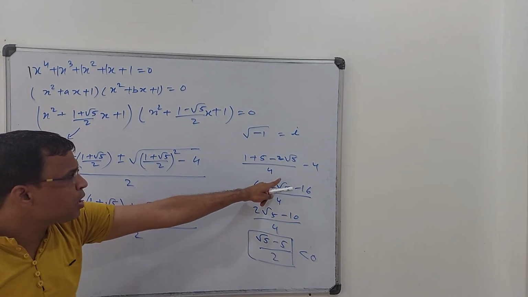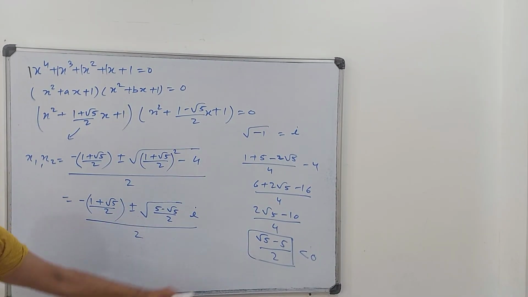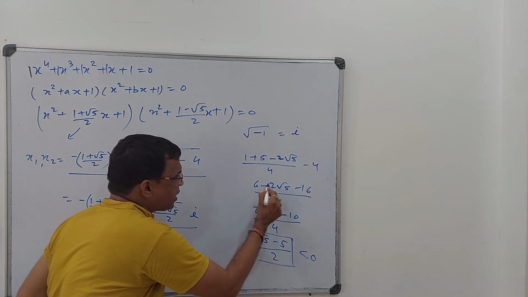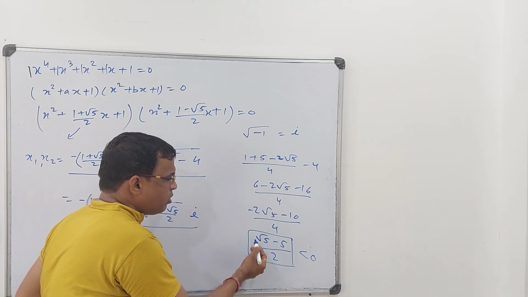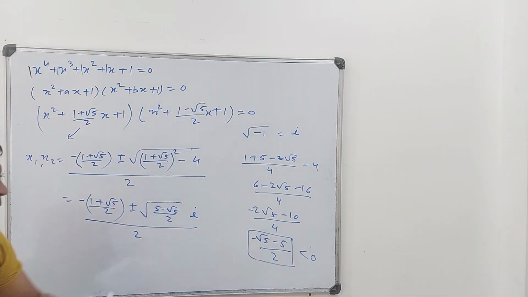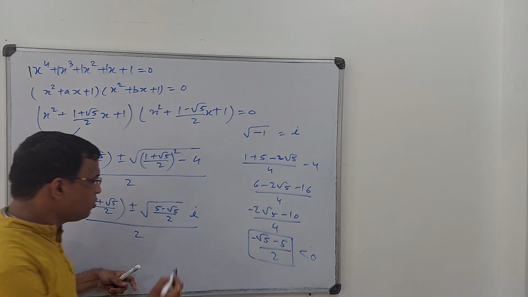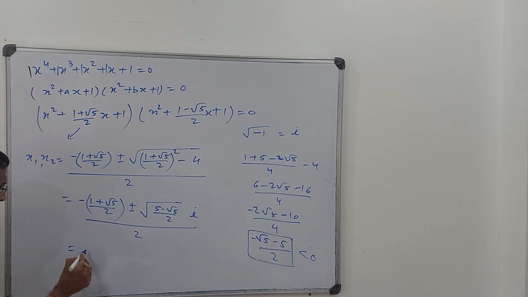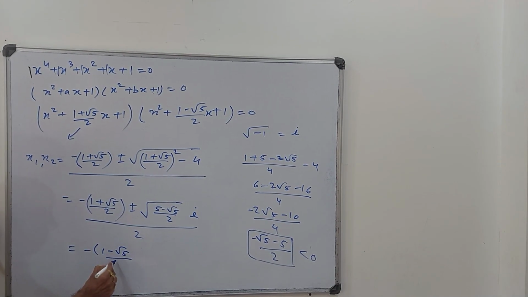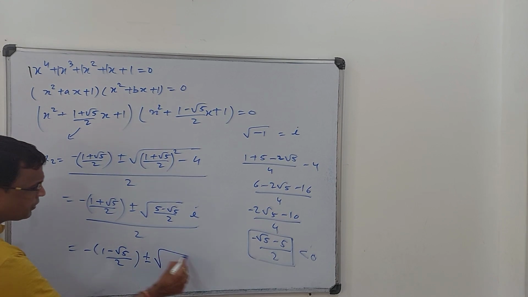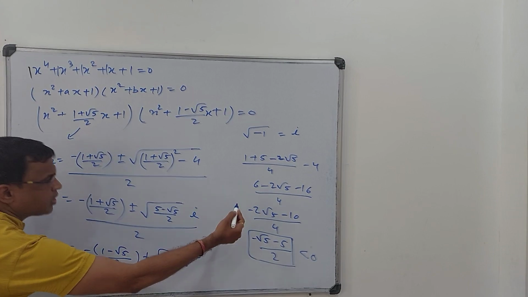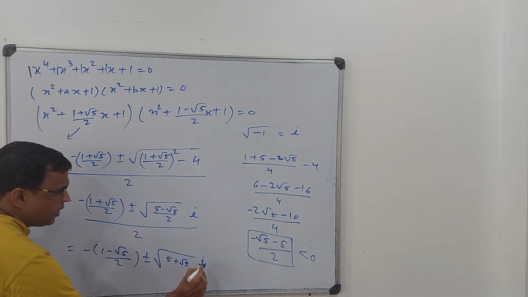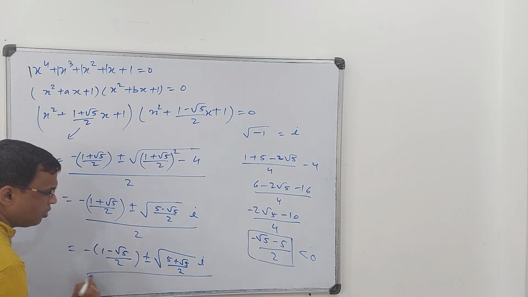When you solve that, ultimately it will be minus 10, and of course both are minus, so it is totally minus. I am writing that answer: minus (1 minus root 5) upon 2 plus or minus, this is (5 plus root 5), because both are negative, so minus can be taken out as i, upon 2, and whole upon 2.